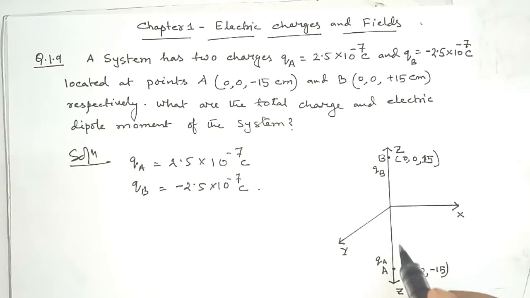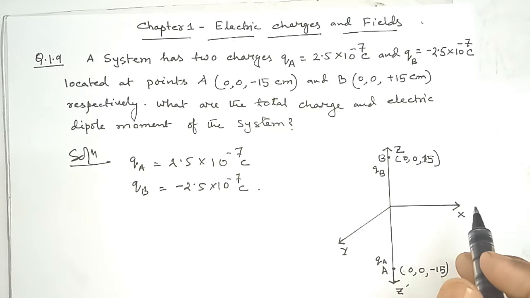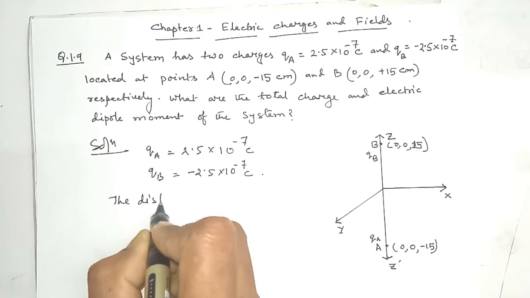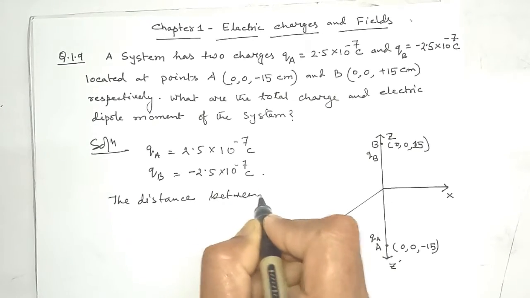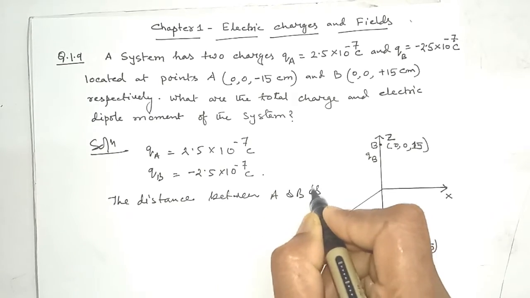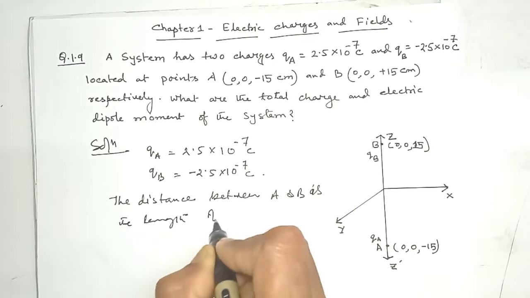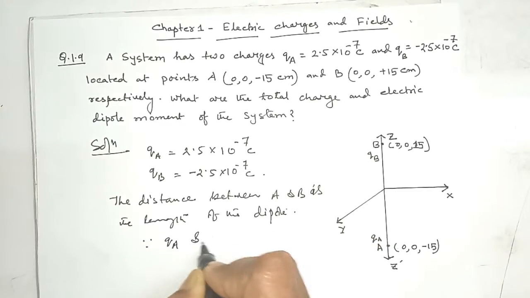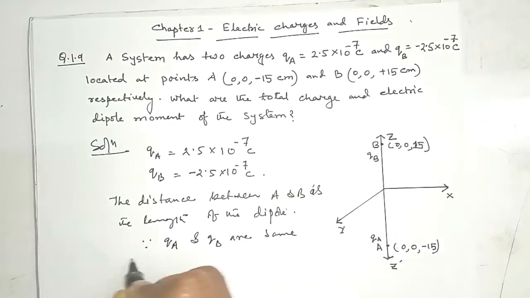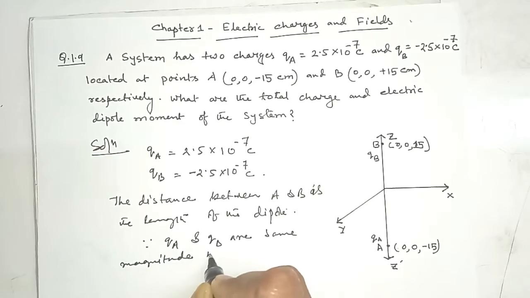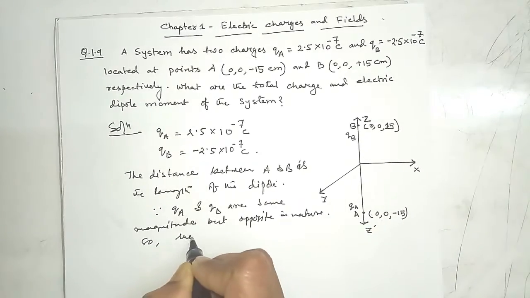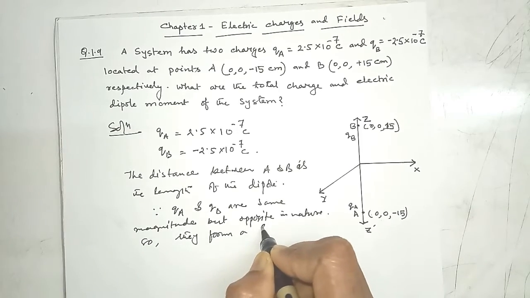The distance between A and B is the length of the dipole. As the values of QA and QB are the same in magnitude but opposite in nature, they form a dipole.